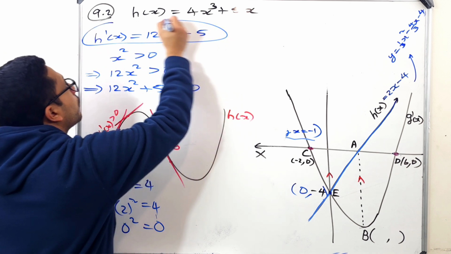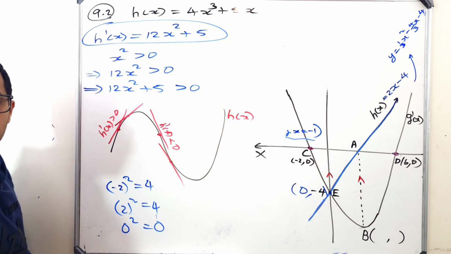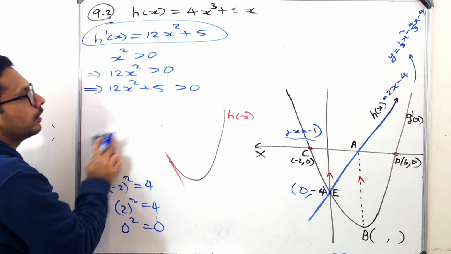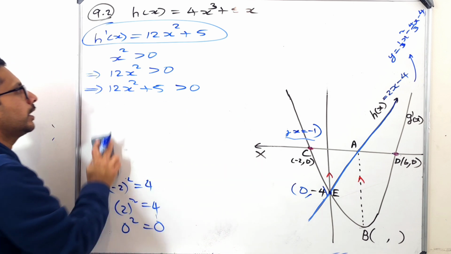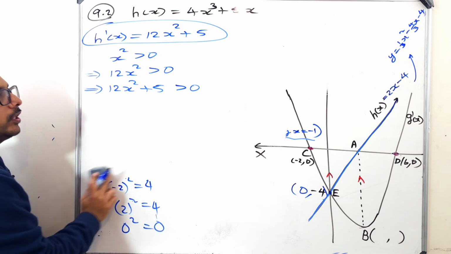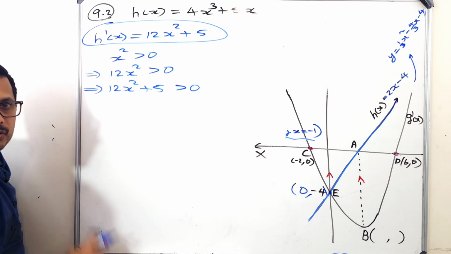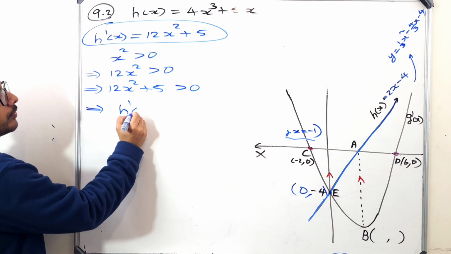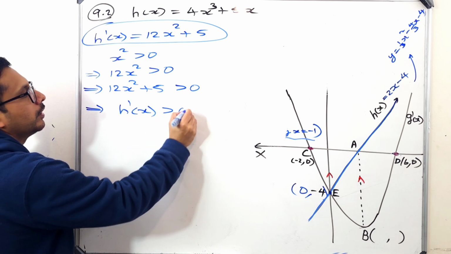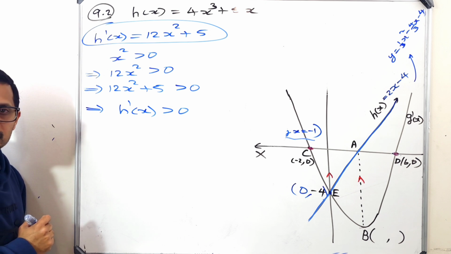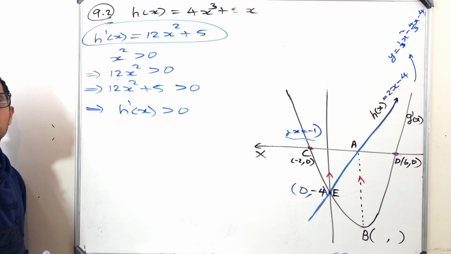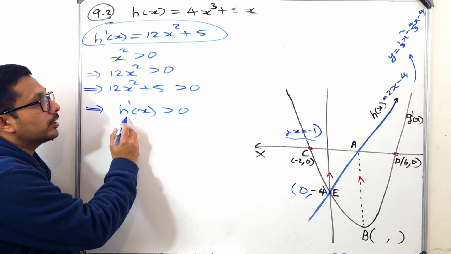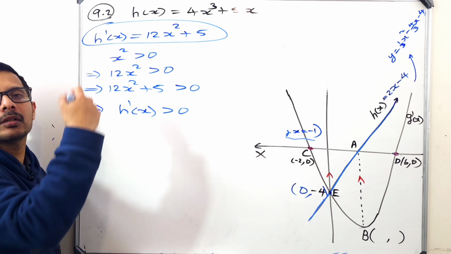Actually, what is this 12x squared plus 5? Is it not our h dash of x, the first derivative? So it implies that the first derivative is greater than 0, am I right? We are saying that the first derivative is always positive.